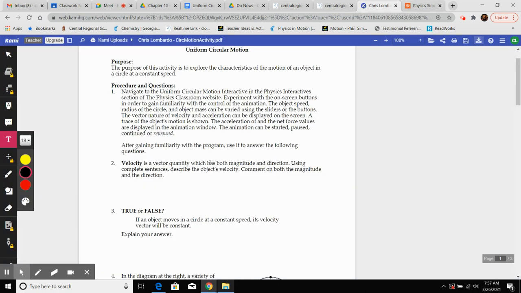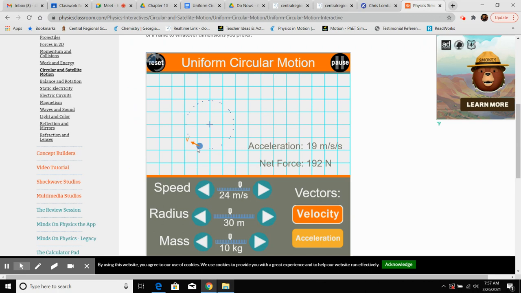A vector has both magnitude and direction. Use complete sentences to describe the object's velocity, commenting on both the magnitude and the direction. So what about the magnitude? Is the magnitude, the length or size of the arrow, changing? No. So that's indicating a constant speed, right?